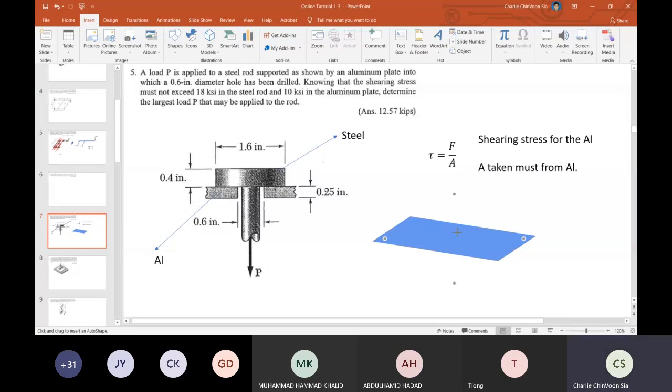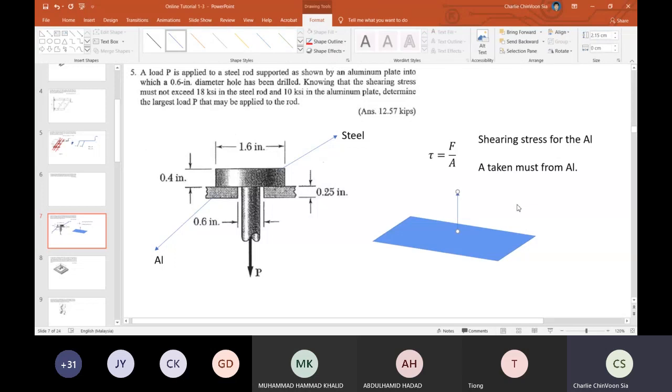For example, if we have a force in this direction, the stress that we calculate is what stress? Normal stress or shearing stress? Normal stress.